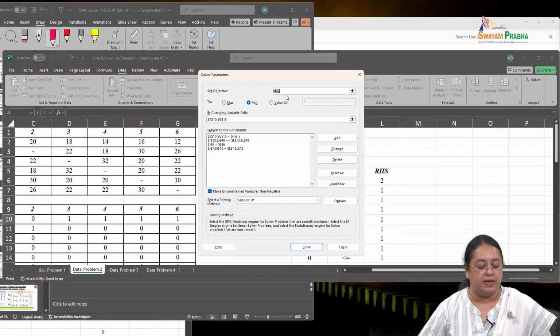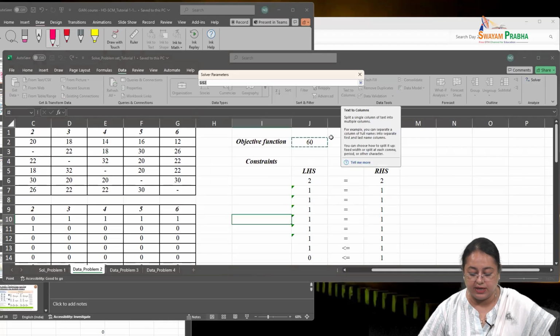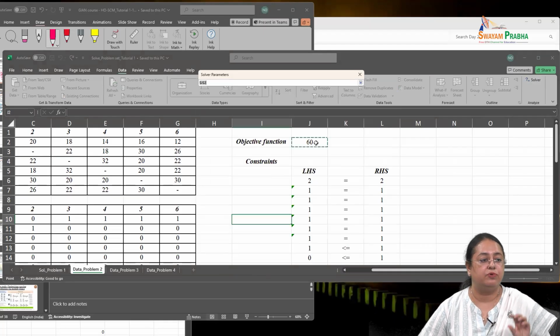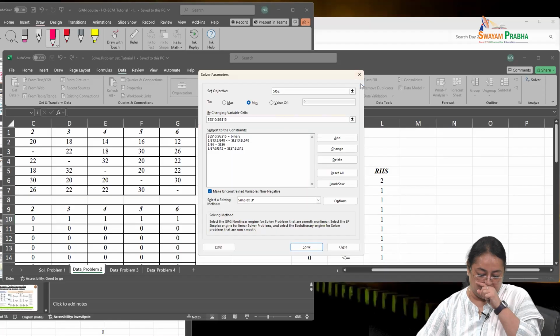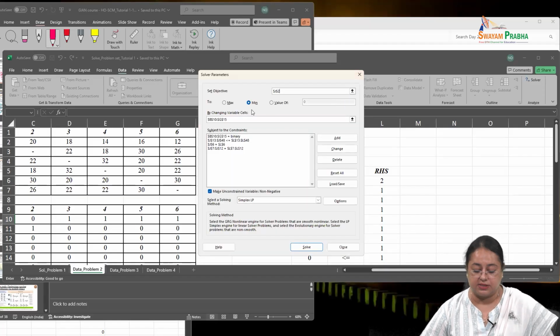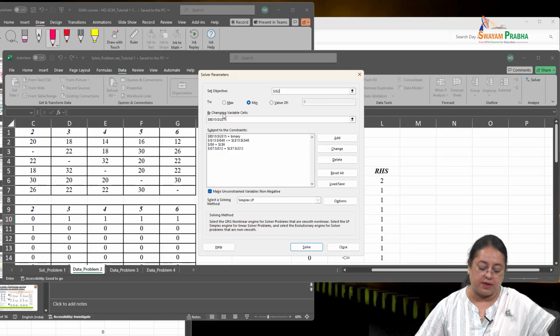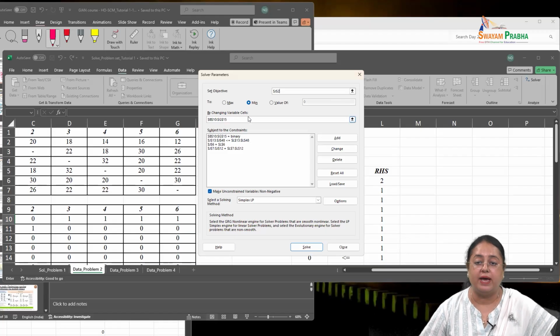This is self-explanatory. Set Objective: if you click on this arrow, it will go there. Select the cell where we have put the formula of the objective function. And again go back here. Now this is interesting: By Changing Variable Cells.